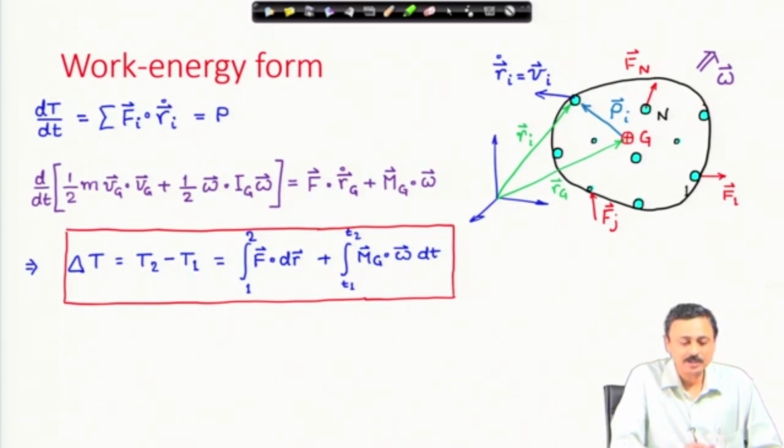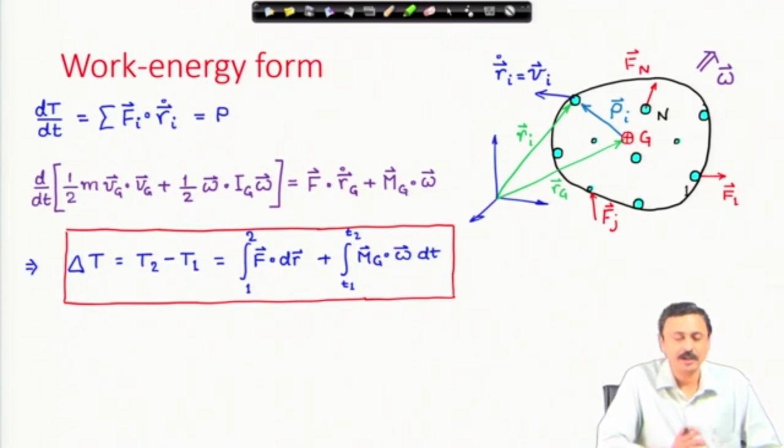Now, change in kinetic energy means total kinetic energy, translation and rotation. So, T indicates the total kinetic energy of translation and rotation. The change in this sum is equal to the integral of F dot dr, which is work done on the system by the net force, and this is on the center of mass.